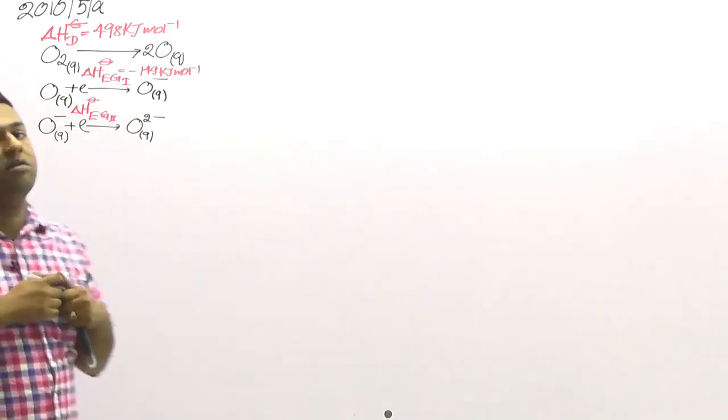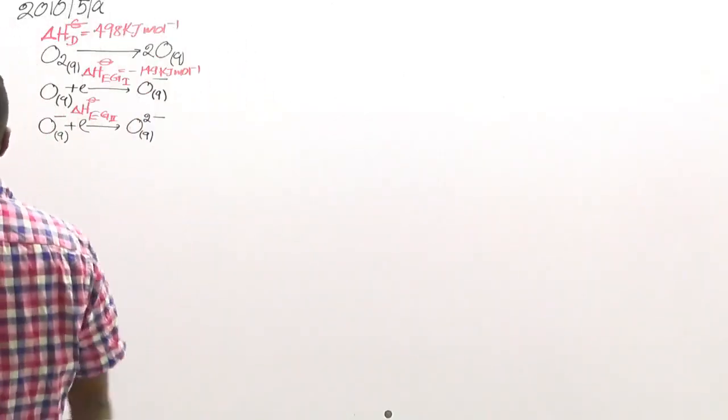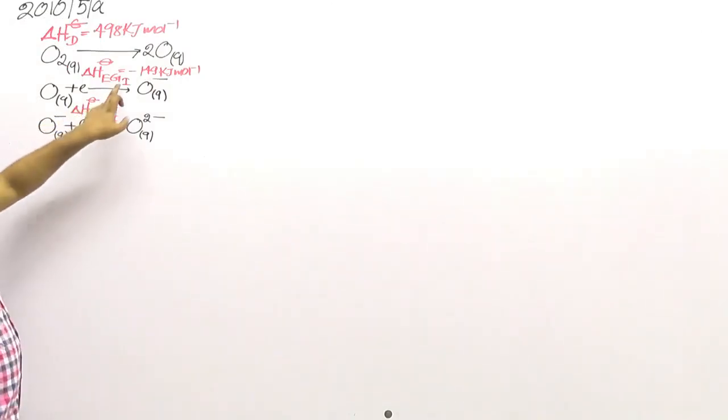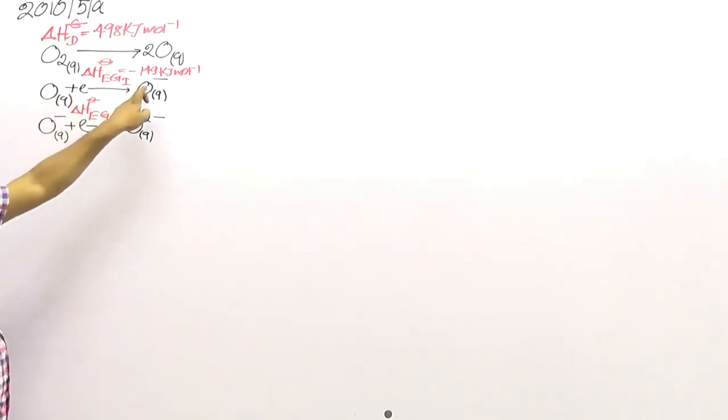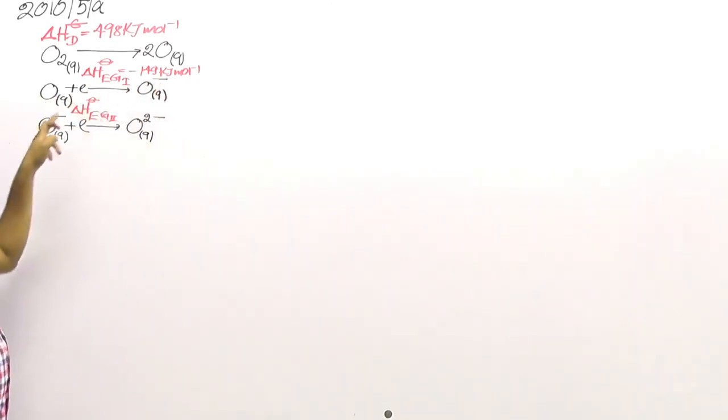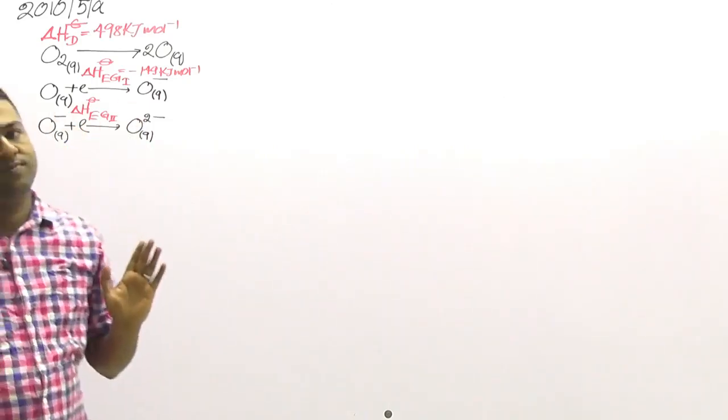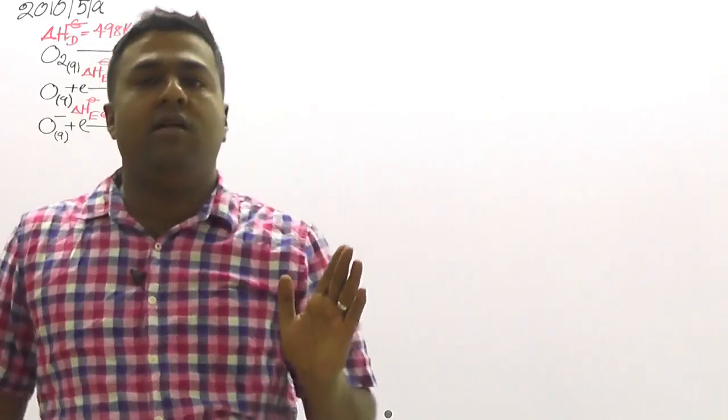Once you gain one electron you get a minus 1 charge, and with the second electron you get a minus 2 charge, right?